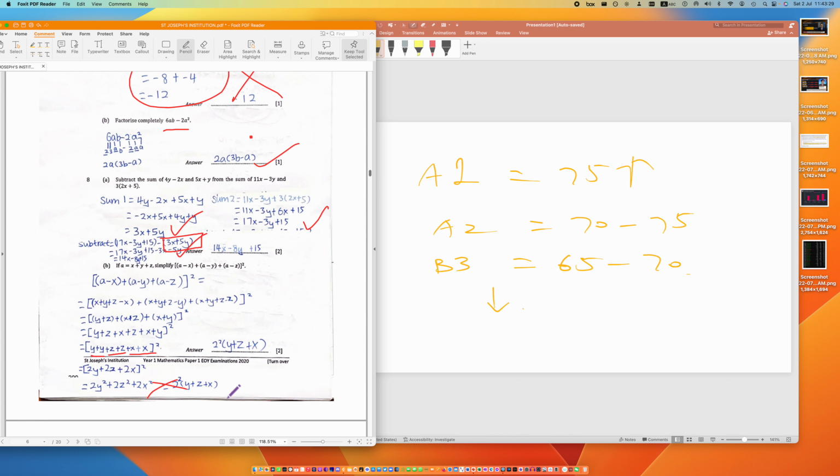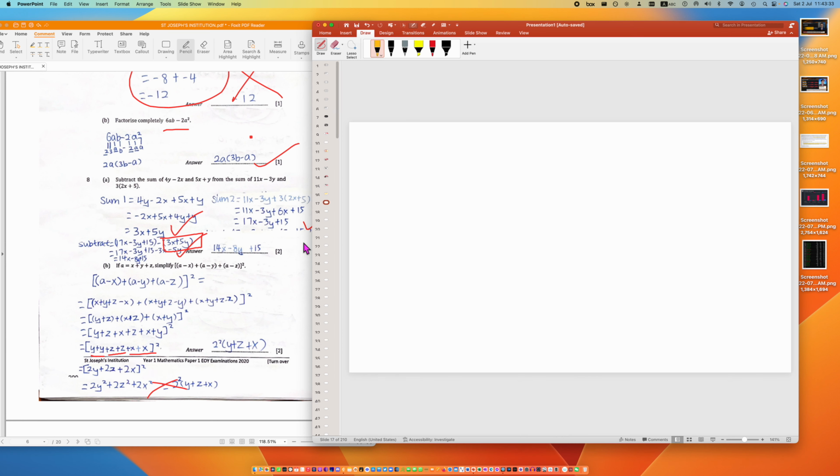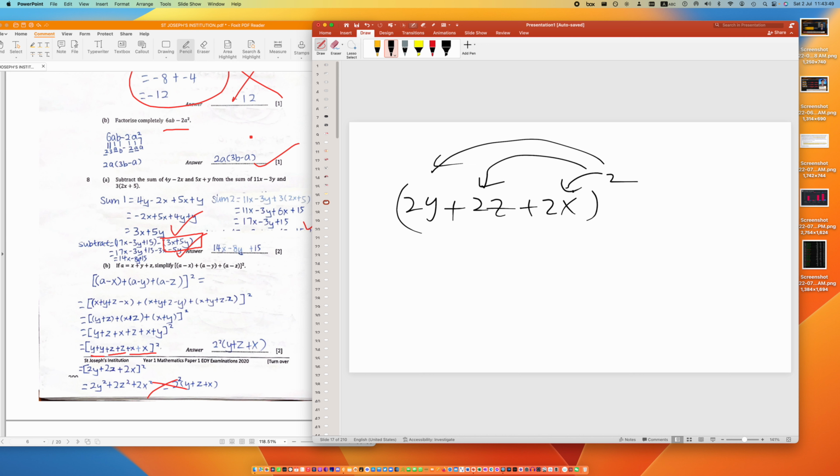Okay, this one is wrong. Do you know why it's wrong? Why? Okay, good. So hold on. Square, right? So first thing first, you think that the square just goes in like this, is it? That's what you think, right?